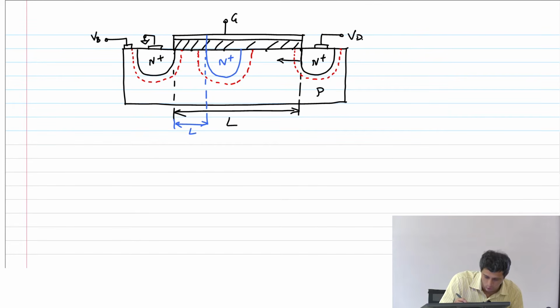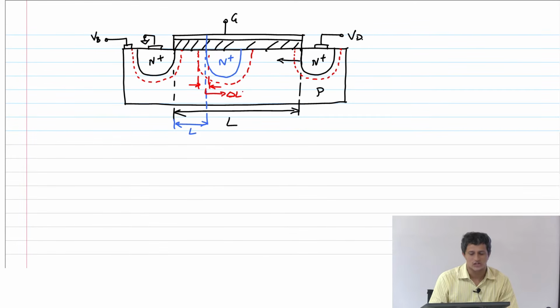So this is basically delta L. So the channel length will become L minus delta L, for multiple reasons which I will show you.